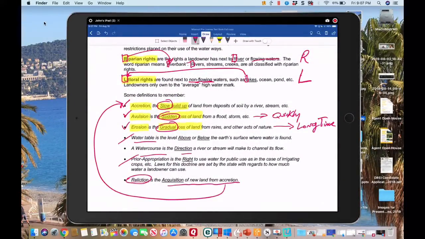There is another word that I think you should understand and know. If a person is going to put in a septic system, it wants to know what kind of test you would do for the soil regarding putting in a septic system. And the answer is it's a percolation test.